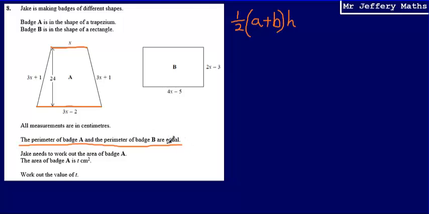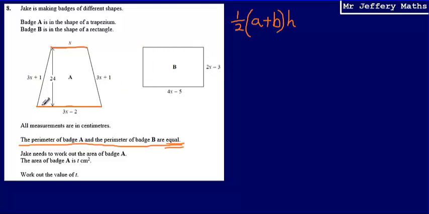Because they are equal, that means that we can form an equation, by forming an expression for the perimeter of the trapezium and making that equal to an expression for the perimeter of the rectangle.